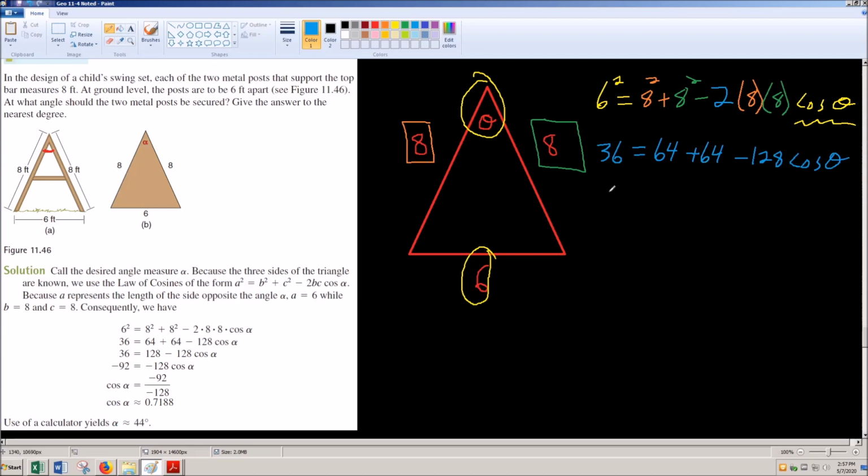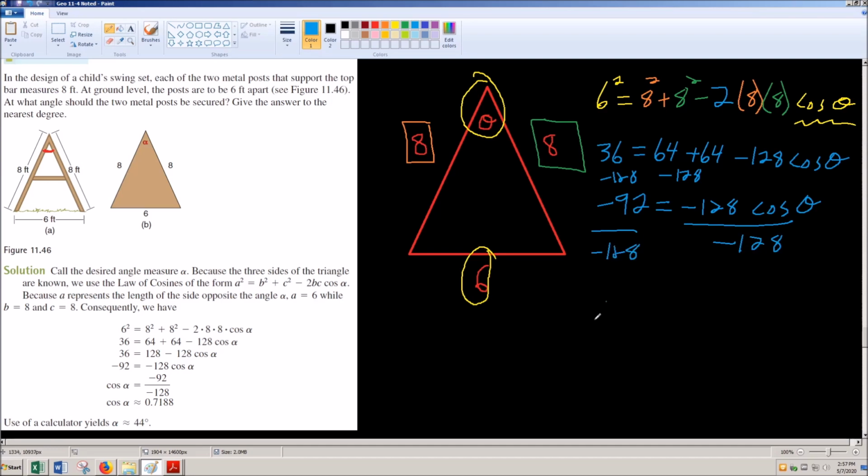Let's see, 36 minus 128, negative 92. Again, subtracting off 128 here. And so I get negative 92 is equal to negative 128 cosine of theta. To get this by itself, I'm going to divide by negative 128.